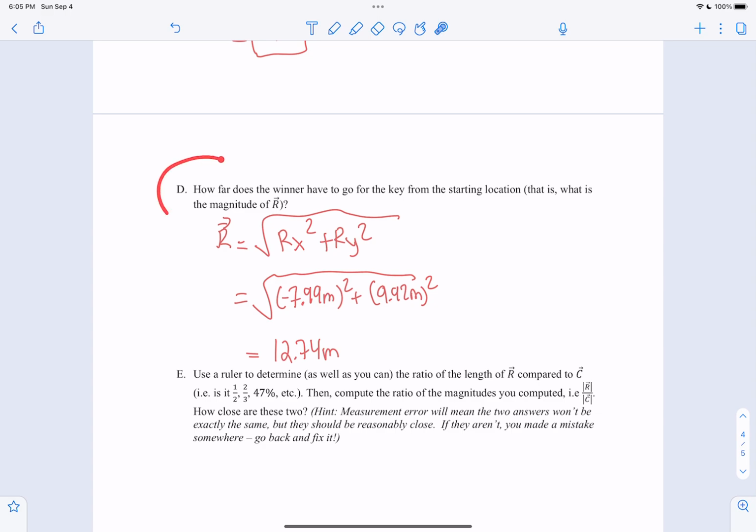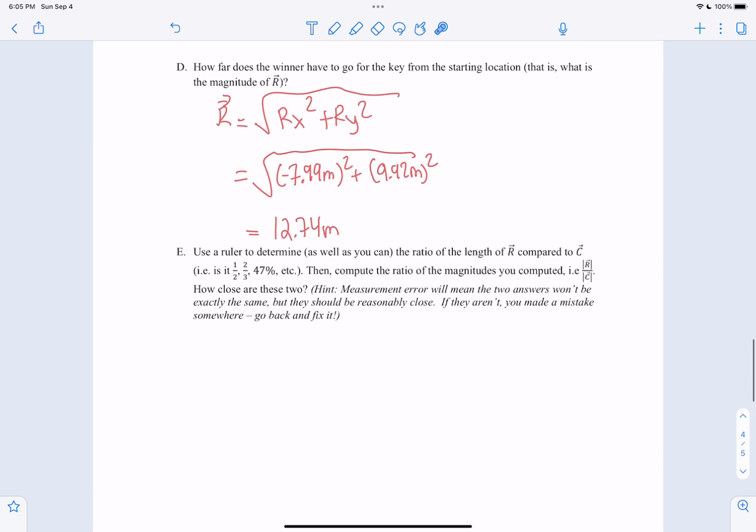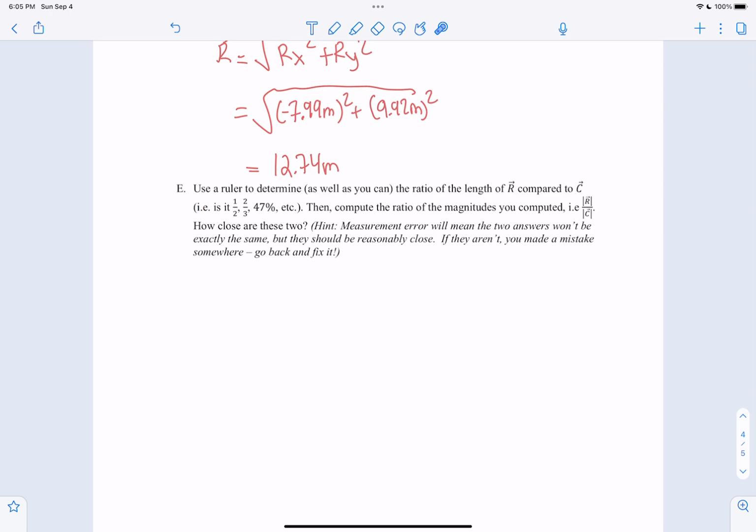Now, if everyone's on the same page for part D, really part E is kind of up to you guys. It's a little bit more subjective because it depends on what ruler you have and if you're using paper and pencil or an iPad and an Apple Pencil.